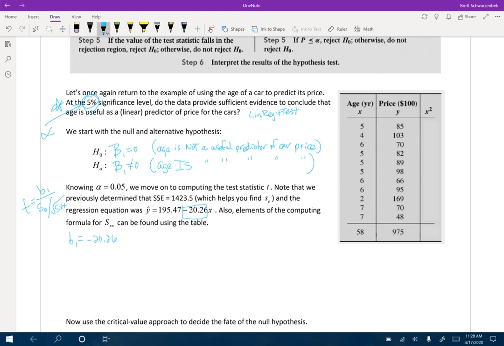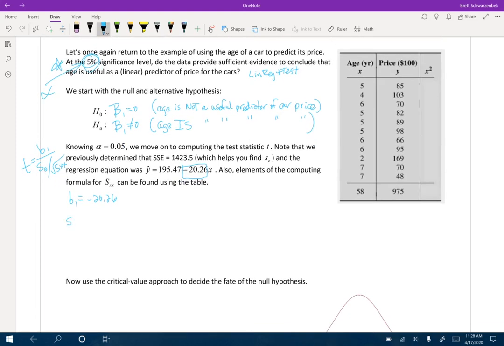We can always get that by doing the regression. We need to find SE, so SE by definition is equal to the square root of SSE over n minus 2. We calculated SSE for this exact scenario back on, I think, page 10 maybe, whatever it is.